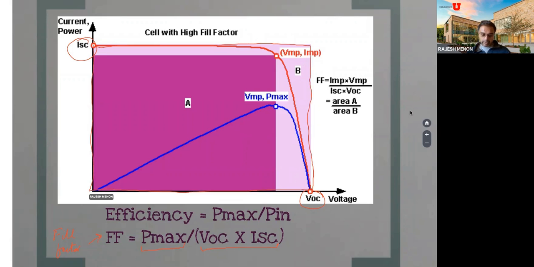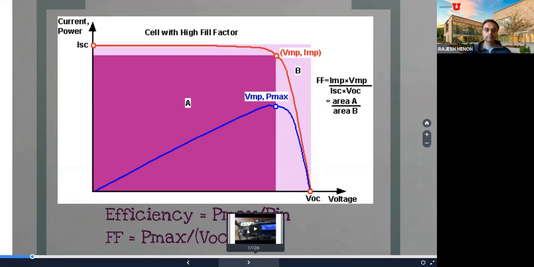So all it's saying is, how close is the maximum power to this ideal situation? The more square the IV curve is, the better the fill factor is, and a larger fill factor is always better. And of course, fill factor is always less than 1, so as close to 1 as possible is what you'd like to get. Okay, so these are the important parameters.